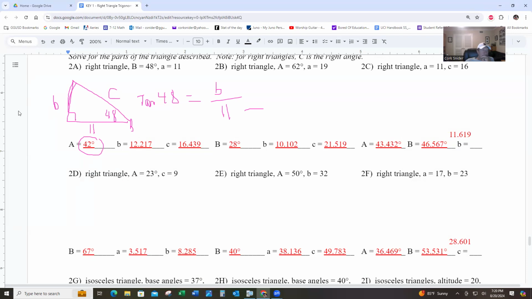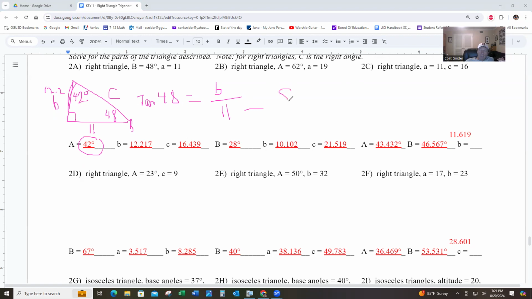Now, if this is 12.2, how do you get C? There's a lot of ways to get C. You could do the Pythagorean theorem. You could also do a sine, because this is 42 degrees. You could do a sine or a cosine function. It doesn't matter. I'm just going to do a sine one.